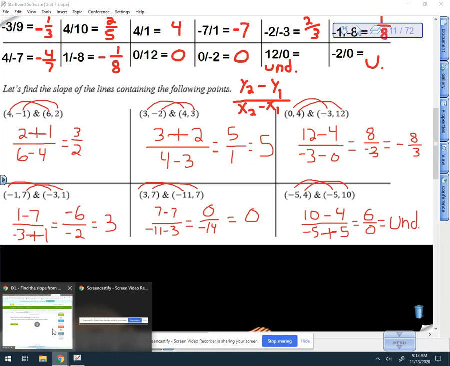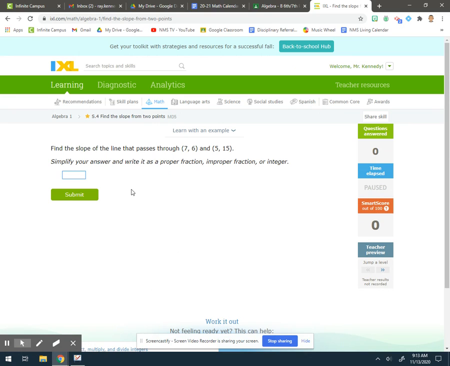So you've got these to look at. If we go and look at your IXL assignment you'll have, it's pretty simple. It's going to be Algebra 1, S4. Find the slope from 2 points. And all it does is right here, find the slope of the line that passes through, and it gives you your 2 points. So you would just look at them, and the easiest thing, just your second y minus your first y. 15 minus 6.